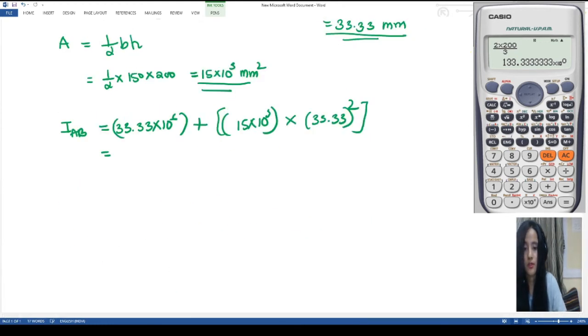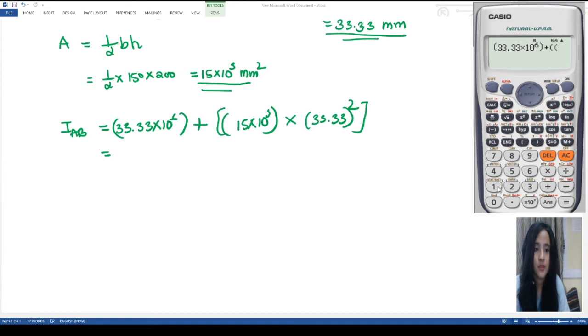Now let us solve this in a calculator. So I have 33.33, I'll do it in a bracket, 33.33 into 10 raised to power 6 plus 15 into 10 raised to power 3 into 33.33 square.